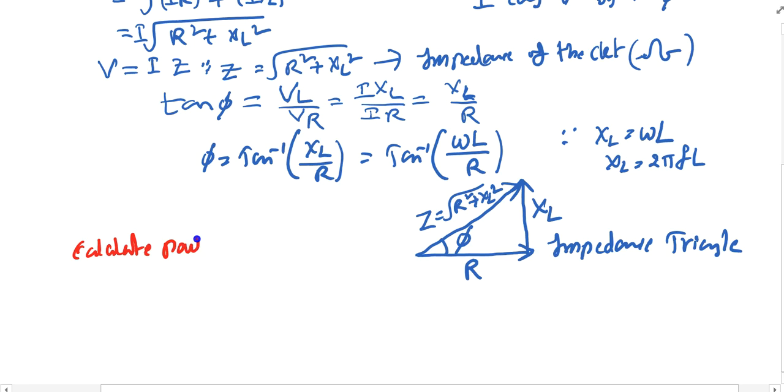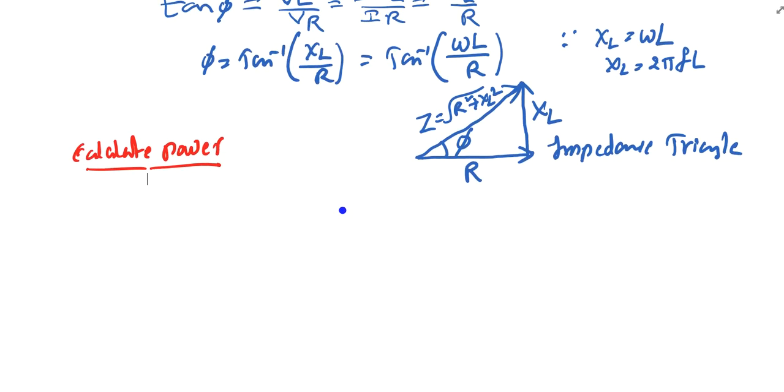consumed by this RL series circuit? To calculate this power, what is the instantaneous voltage we have? V is equal to Vm sin omega t.